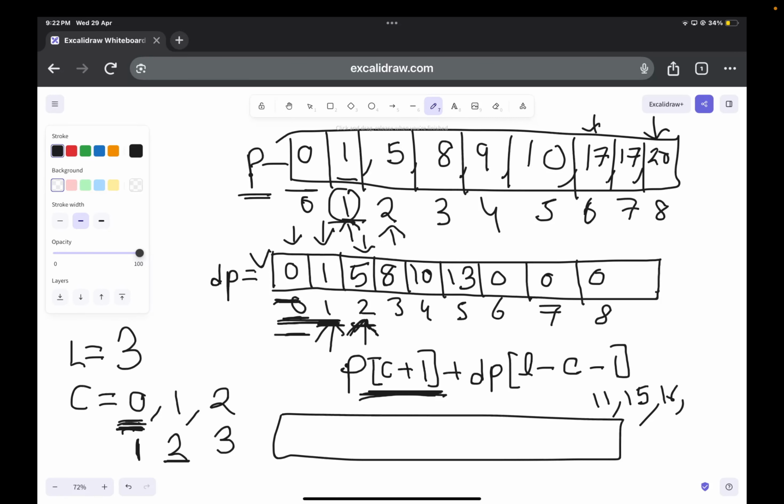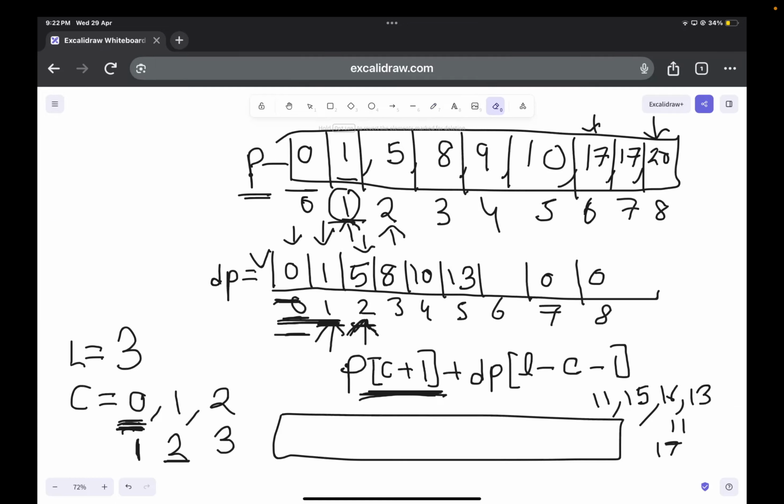If I cut 4 and 2, 9 plus 5 is 14. If I cut 5 and 1, 10 plus 1 is 11. If I cut 6 directly, it is 17. Which one is highest? 17 is the highest. Getting it this much?